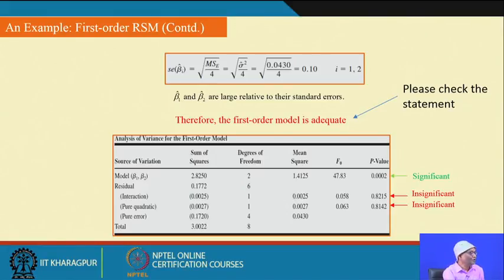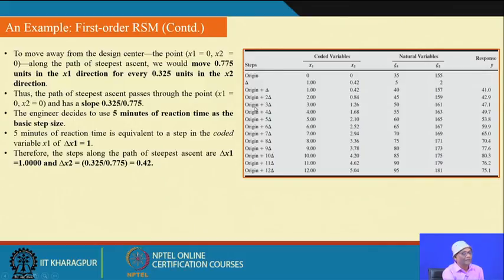Using this, as I told you, you first set the origin, and then you find out the step size, and then you go on changing the values of the two variables and conduct experiments one after another and get the response values.